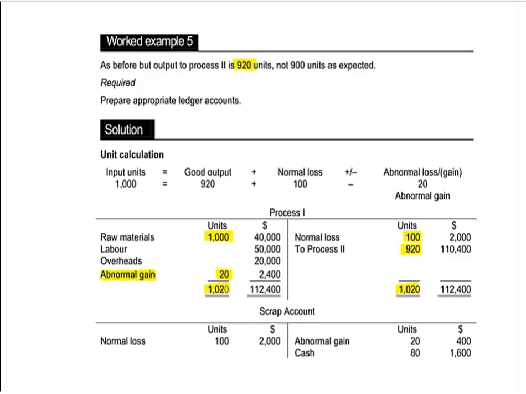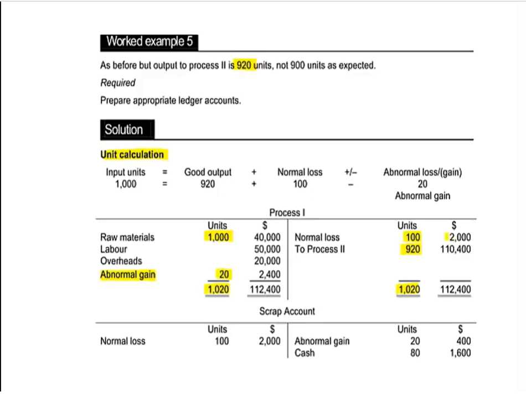In the exam then, if there is an abnormal gain, the examiner isn't necessarily going to tell you. So we use this flow of units calculation to identify the abnormal gain. And you can do that either through the units in the T account or through the calculation beforehand. The cost per unit will be exactly the same because nothing's changed in terms of the normal loss.